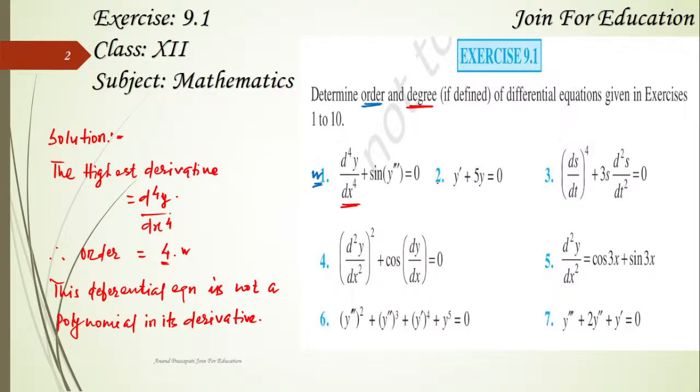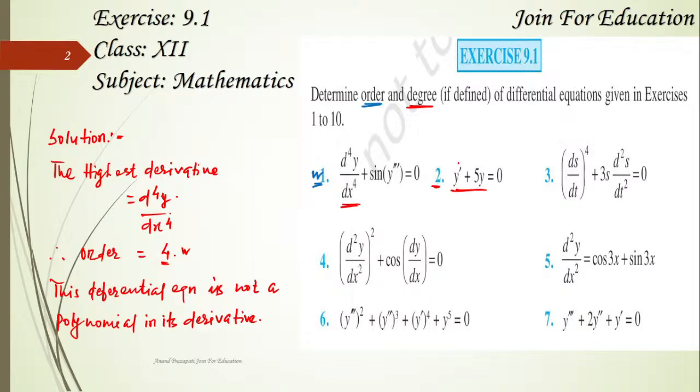I am going to solve question number 2. If we consider question number 2, then the highest derivative is y to the power 1, or this is the first derivative. So the order of this differential equation will be 1, and this differential equation is a polynomial. So this is defined for the degree.